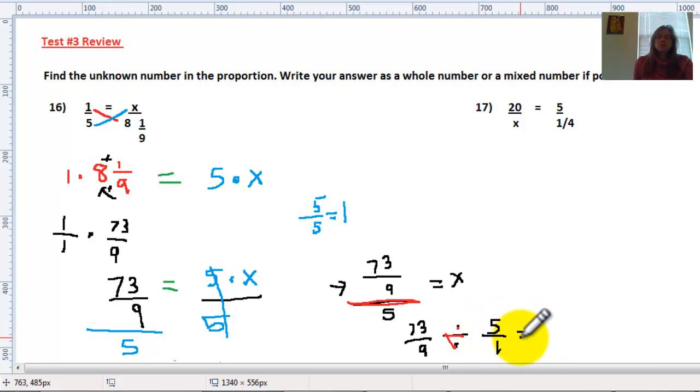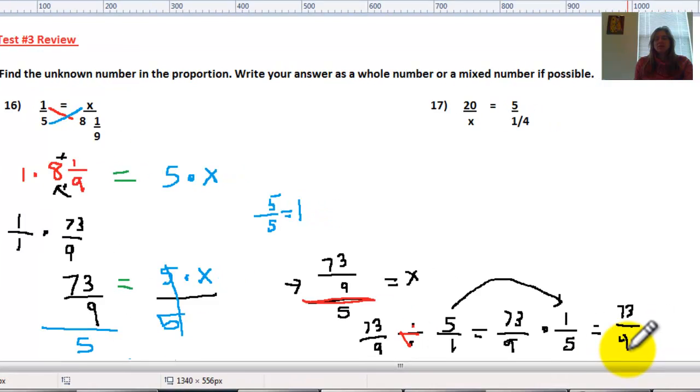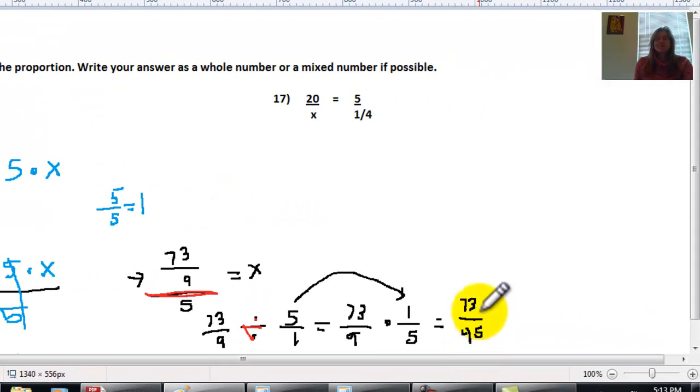And of course, you have to change it to multiplication, because that's the only way to solve fractions with division. Division becomes multiplication, and then you do the inverse of only the one on the right, meaning you turn it around. So you have 73, because 73 times 1 is 73, over 9 times 5, and that's 45. That's not very friendly. Anyway, that is equal to your x.